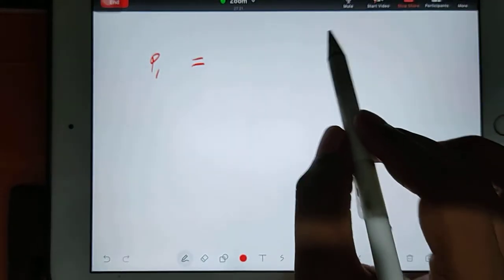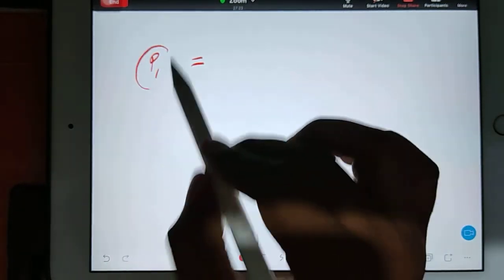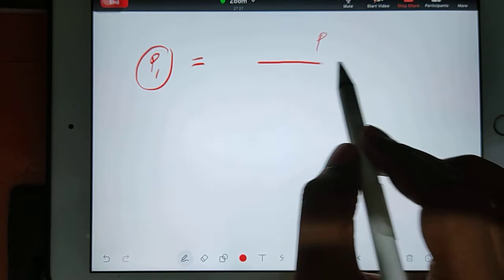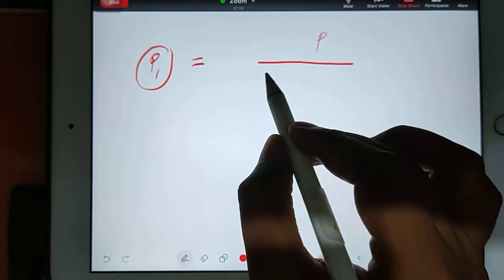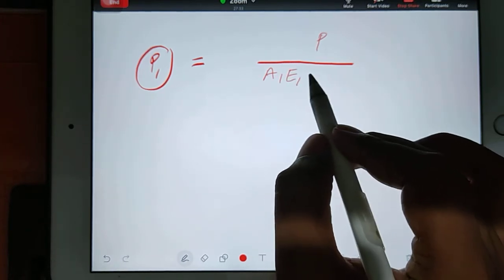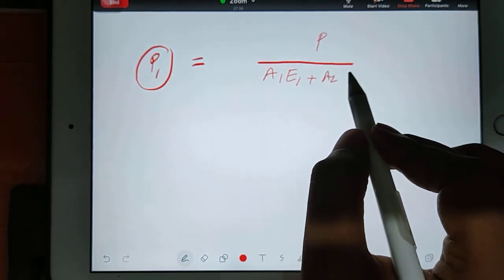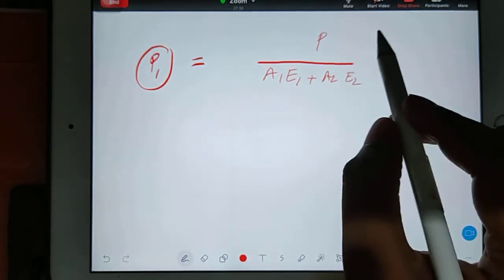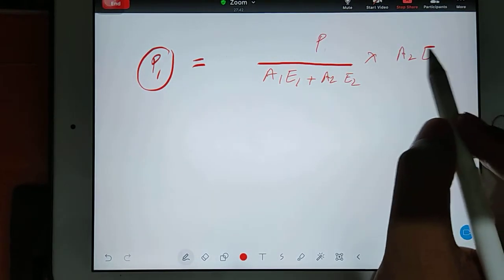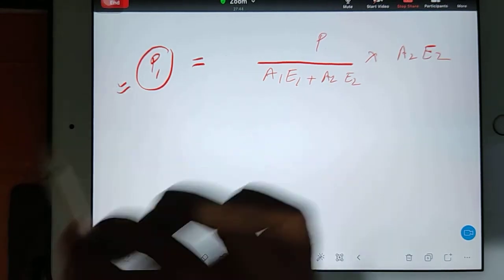So see, the P1 formula will also contain the P value, and this P1 formula is going to be like this: A1 E1 plus A2 E2, and you multiply here with A2 E2 when you are finding out the P1 formula.